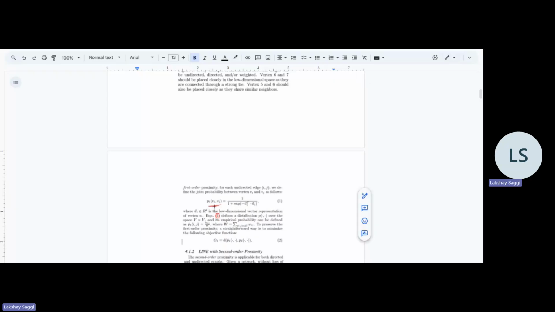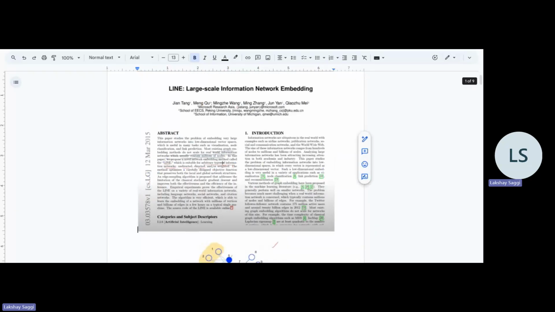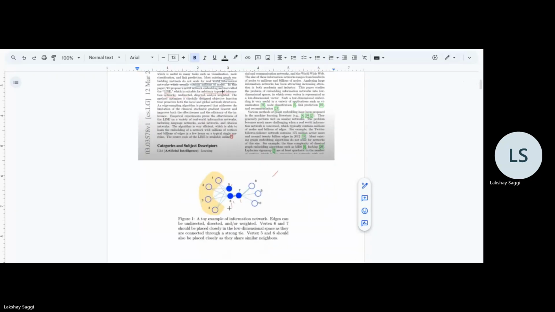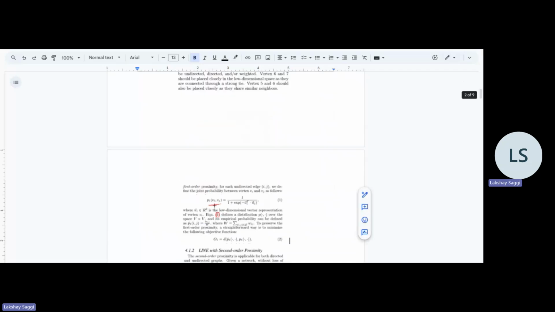One thing to note here, I just want to clarify this. As we said in graph embedding, vertices should be placed closely in the vector space. So what do we mean by closely in these embedding spaces?